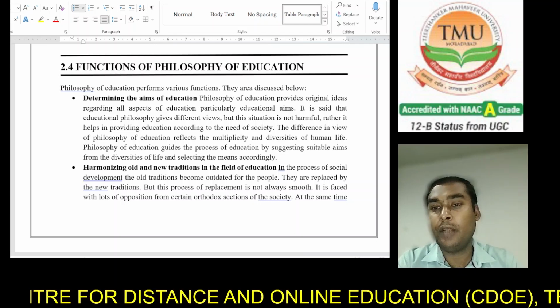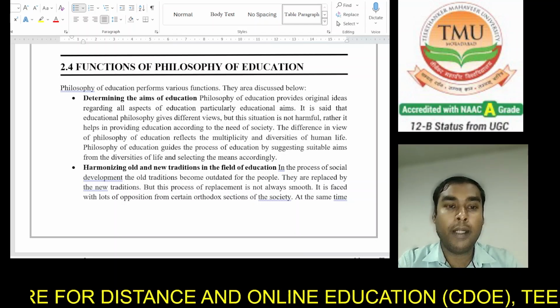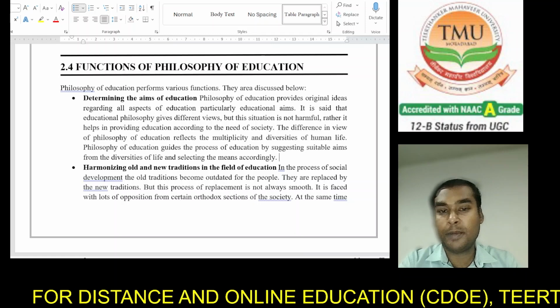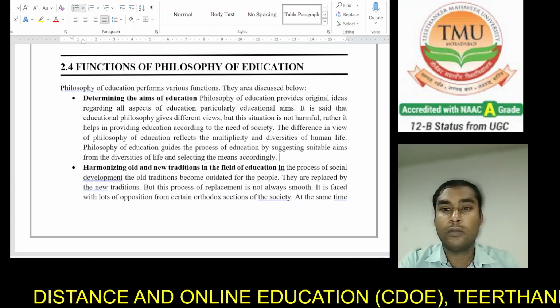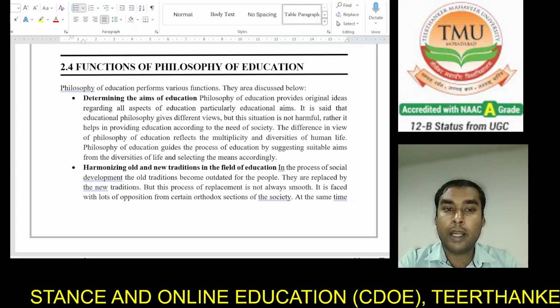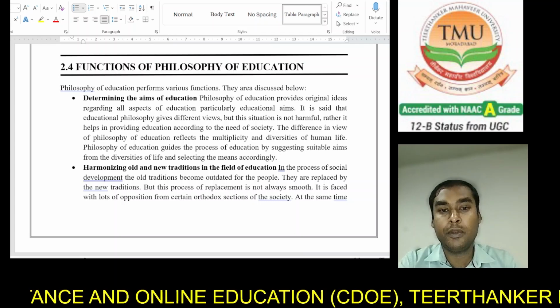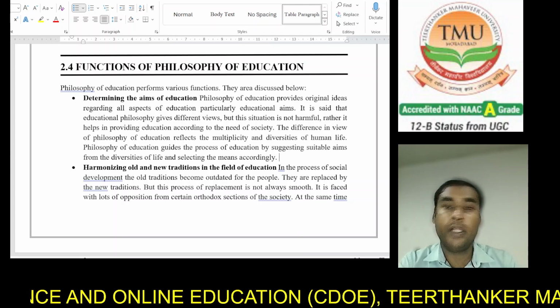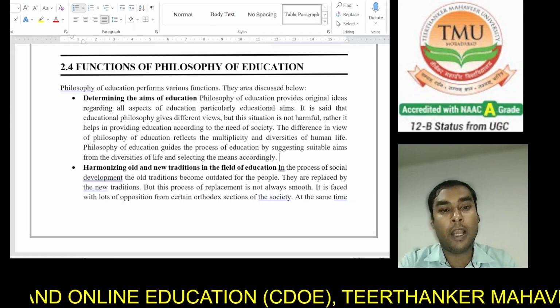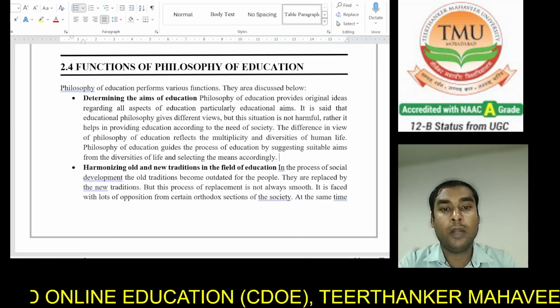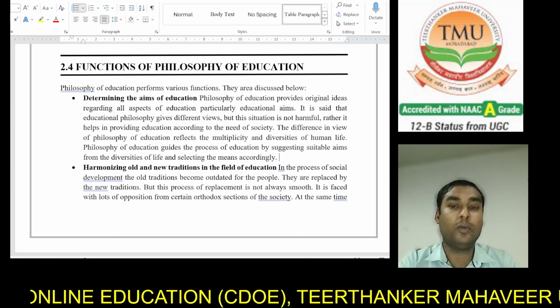Philosophy of education provides original ideas regarding all aspects of education, particularly educational aims. It is said that educational philosophy gives different views, but this situation is not harmful. Rather, it helps in providing education according to the need of society.